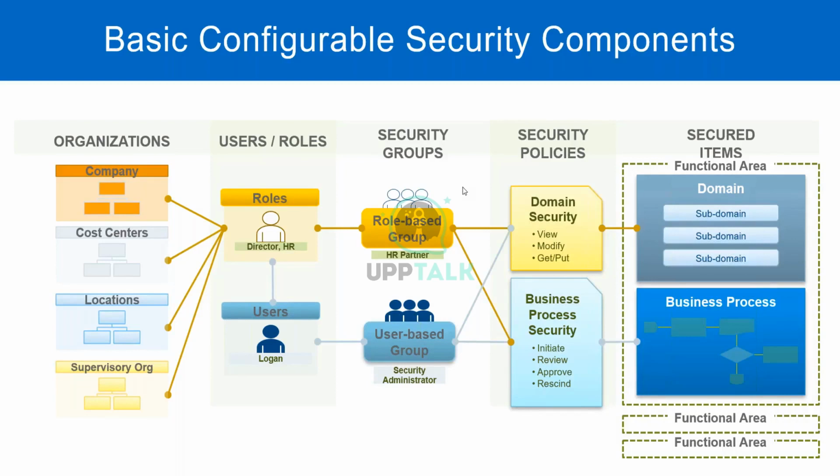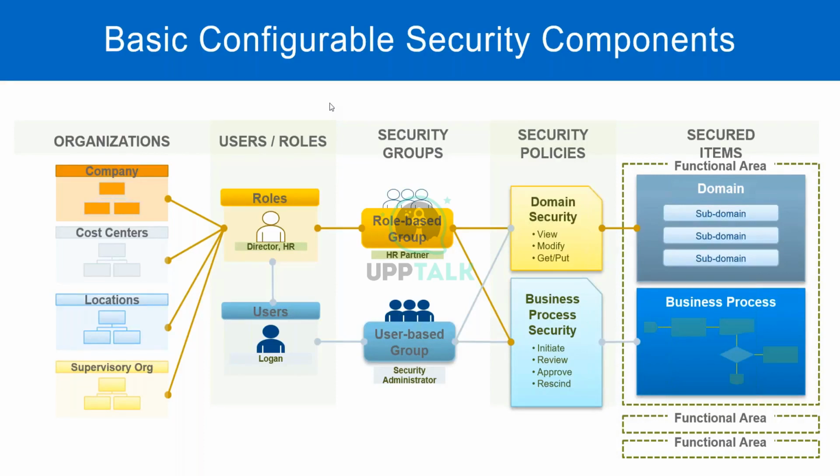So this was about role-based security groups. And what was the best practice that we follow in naming the role and the security group? It should use the same name.